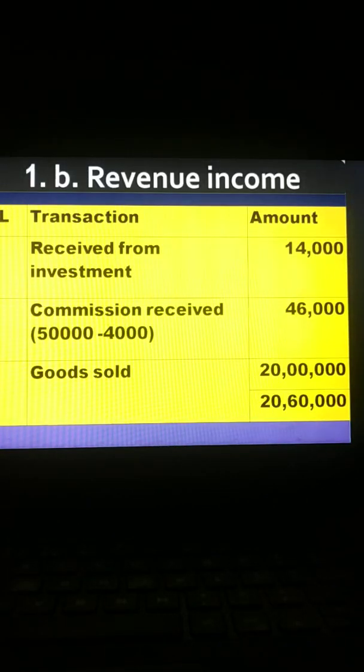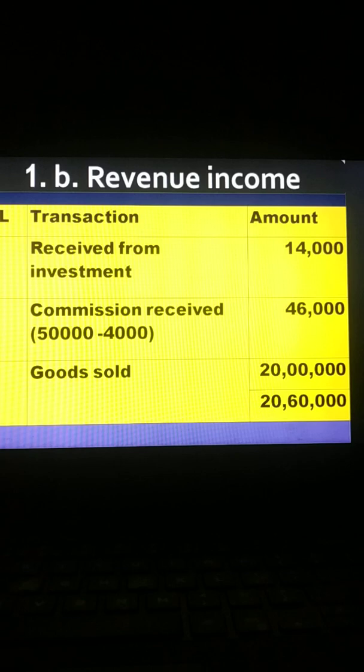Now, revenue income. Revenue income means the income which we receive regularly, and it gives benefit for a short time. Look here, we will find revenue income received from investment. That means this is interest. Whatever interest is received from investment, that is revenue income. Then commission received. One interesting thing is here.